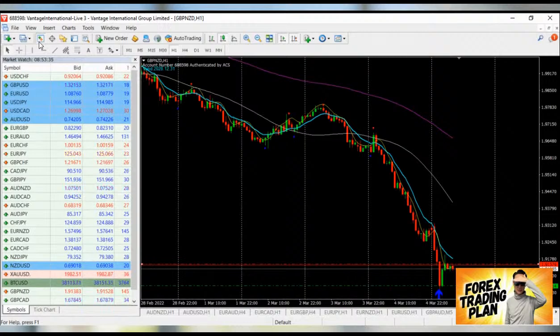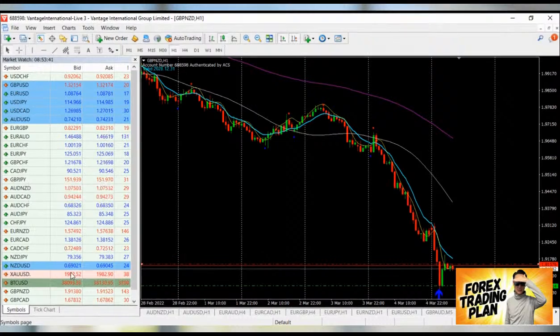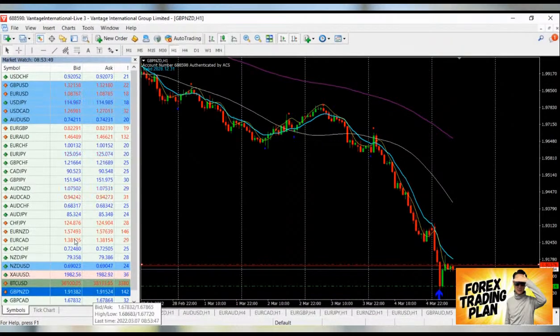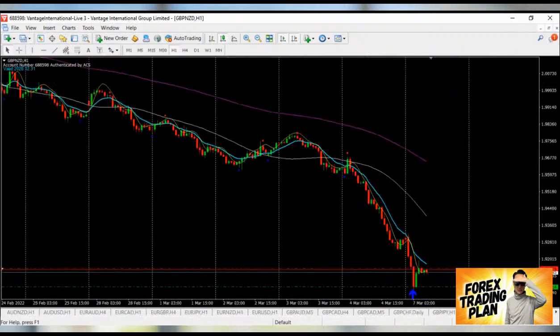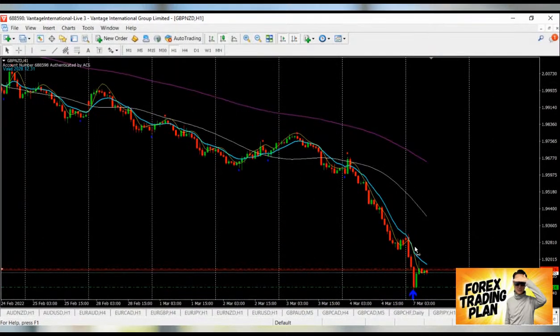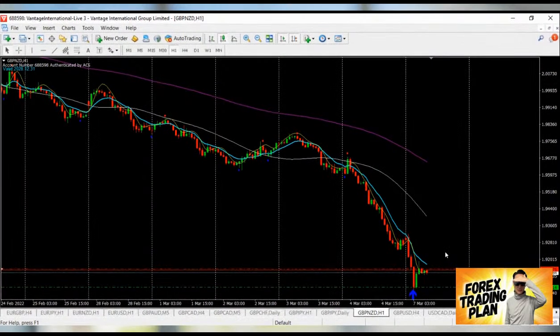Pound kiwi, since the spread is about 15 pips and so big, I guess today we should also give it a miss. So pound kiwi we're going to give it a miss today. It is looking good unless the spread reduces to the normal state, then we start selling.